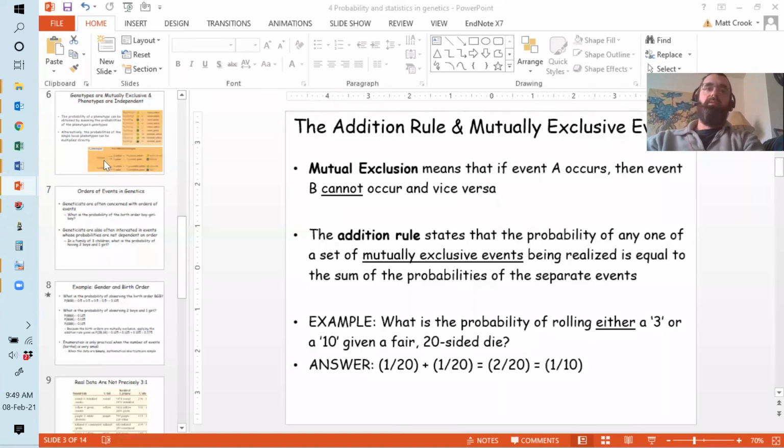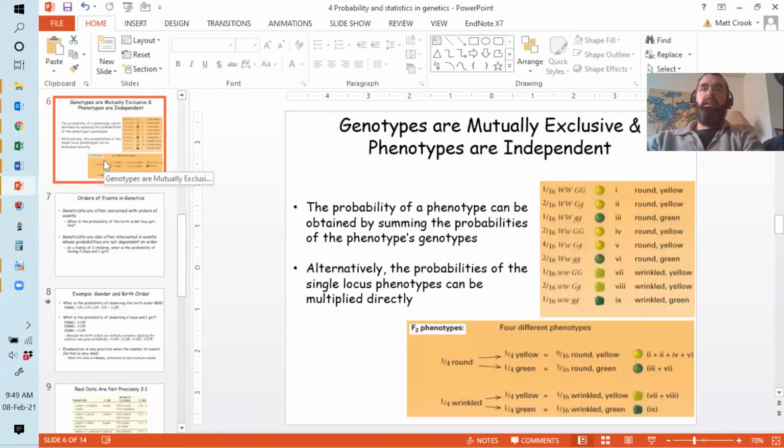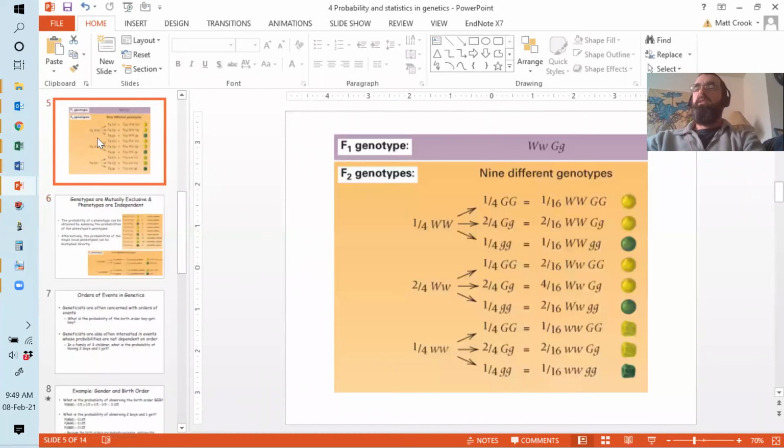So you can also, and I've just got a minute left, you can see the same thing in a dihybrid cross, right? So what genotype you get, you can only have one genotype, right? So it can either be this or this or this, right?